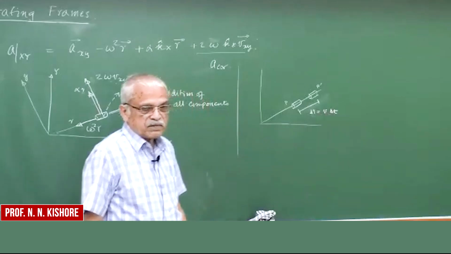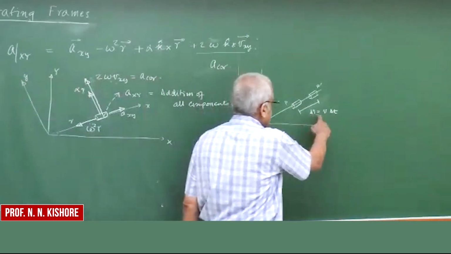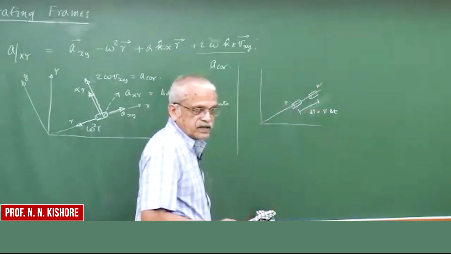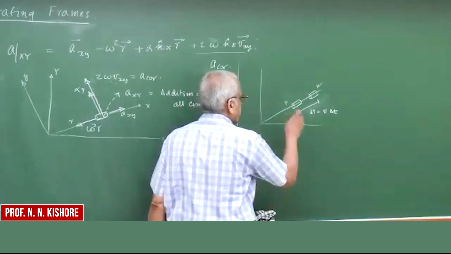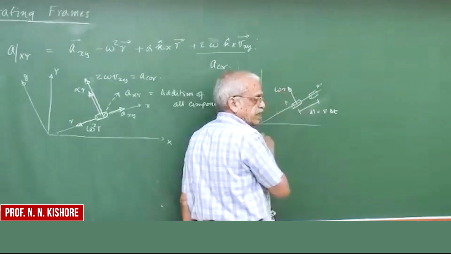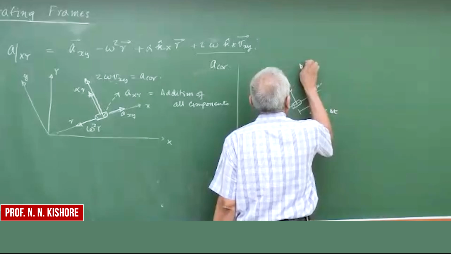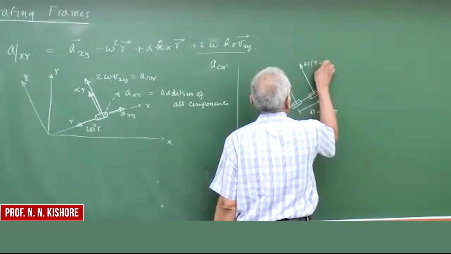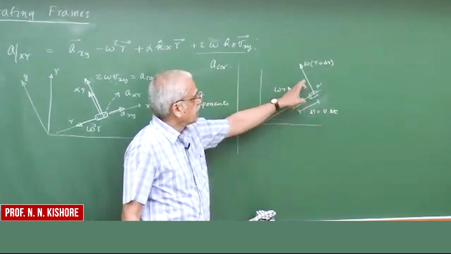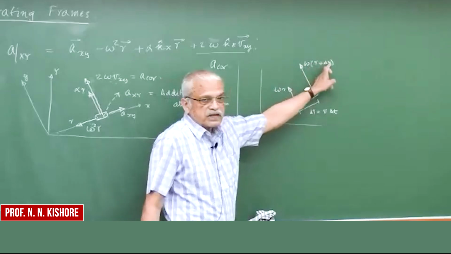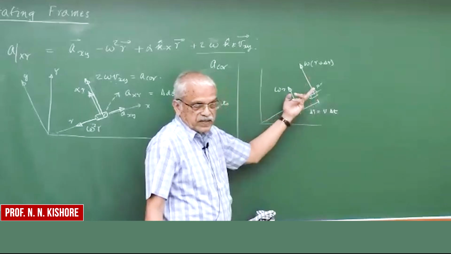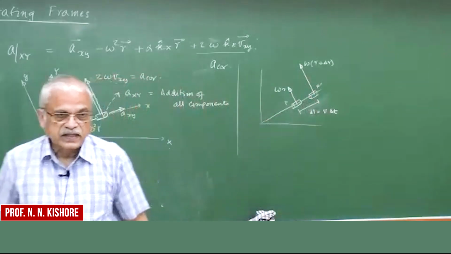Because of omega, we have a tangential velocity, and the tangential velocity has increased in magnitude by omega times delta R, right? They are parallel, but there is a change in magnitude.